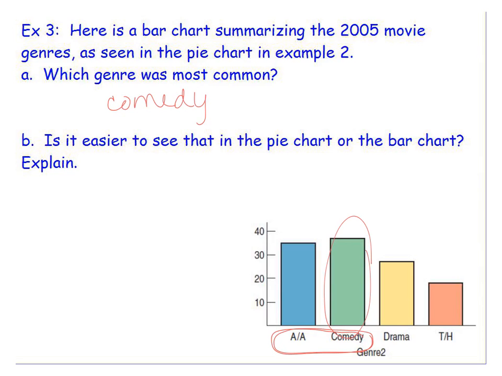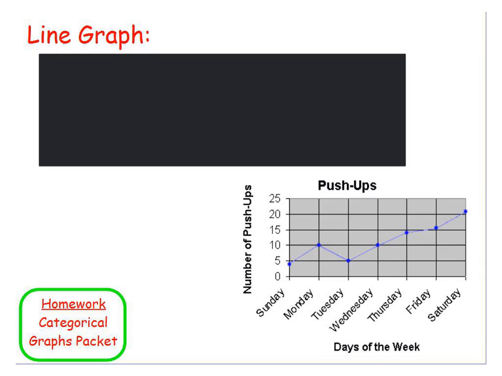So for this particular type of data, because it is so close between the two of them, it's definitely easier to see in the bar graph which one is most common. All right, so those were just some basic examples. I'm sure you guys have read bar graphs and circle graphs before. Let's talk about our last graph, and that is a line graph.